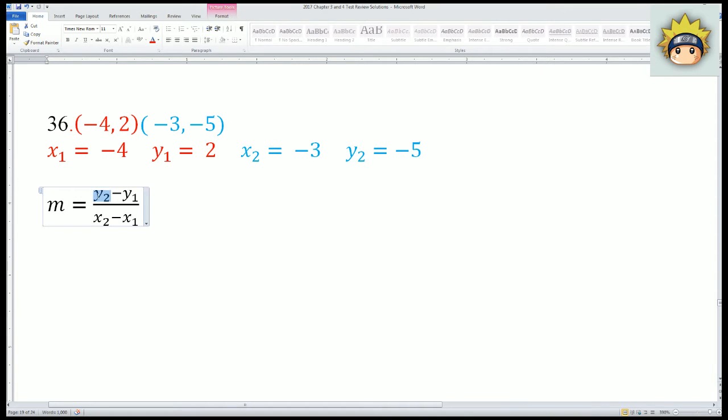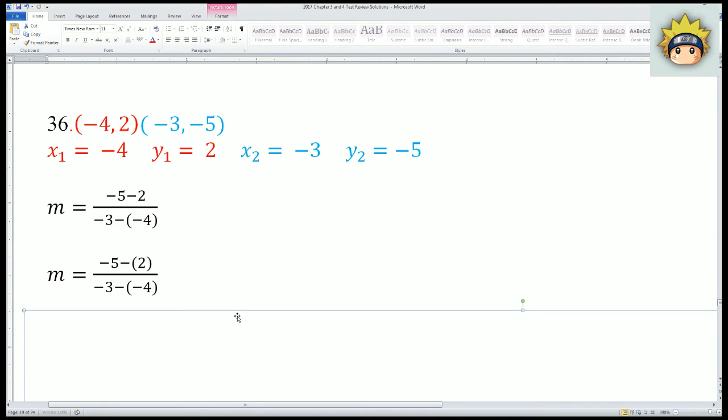You can make the substitution. Would you like to see it? y2 is negative 5. Right? y1 is 2, so that should be a 2. x2 is negative 3, so negative 3. And x1 is negative 4. Okay, there you go.